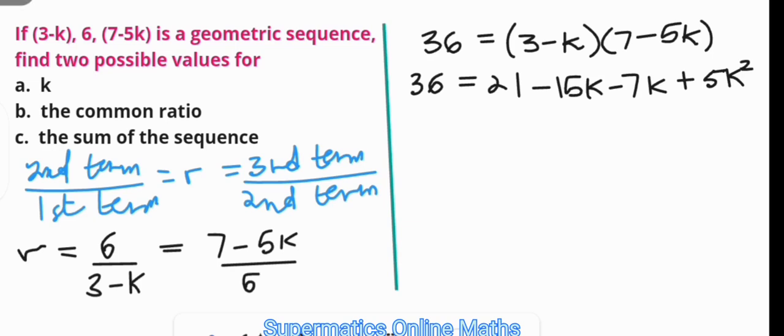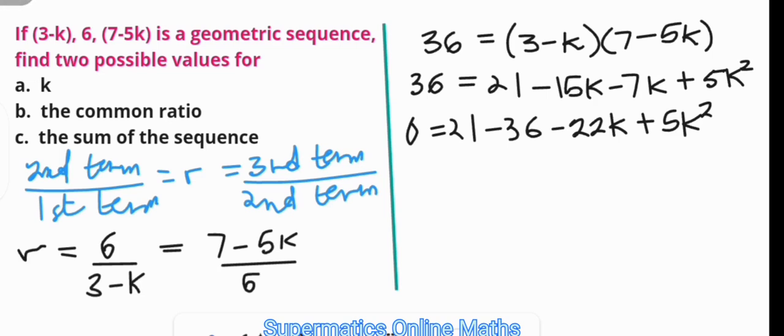squared. We subtract 36 from both sides and arrange the like terms, so that there is 0 here. On the left we have 21 minus 36, then minus 15k minus 7k gives minus 22k, and plus 5k squared.